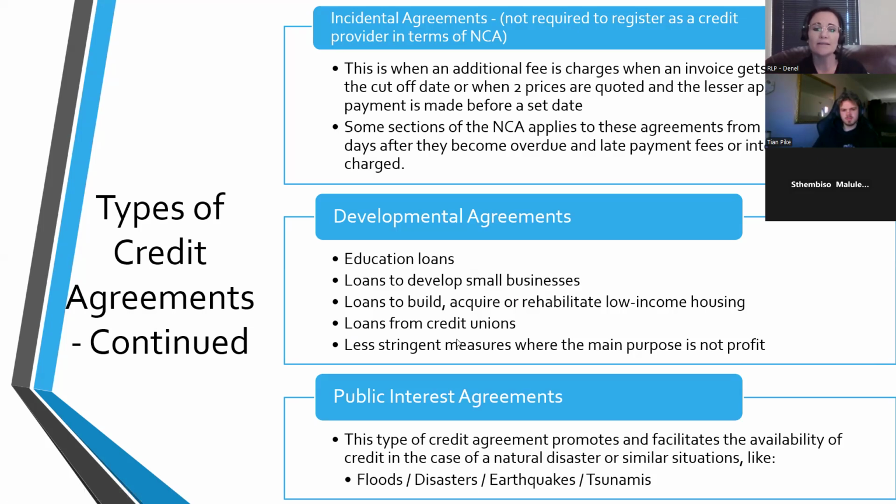So an incidental agreement, it's not required for a company to register as a credit provider in terms of the National Credit Act if they enter into incidental credit agreements. So basically, this is when an additional fee is charged when an invoice gets paid after the cutoff date, or where they quote 2 prices, and the lesser will be applicable if they make payment before said date.